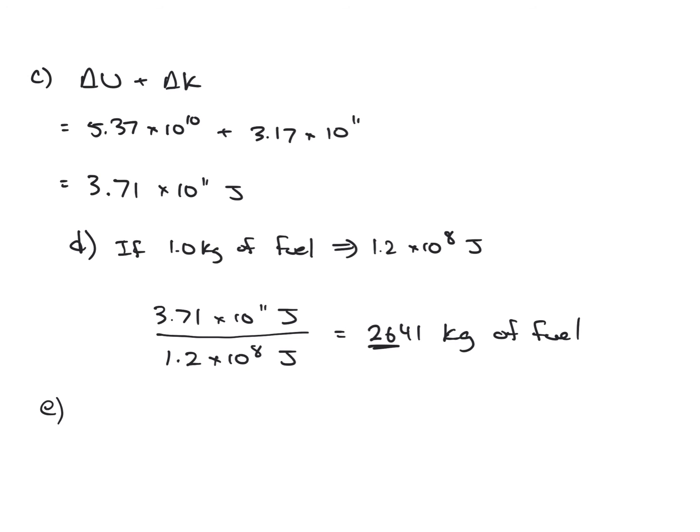And burning of fuel is not going to be 100% efficient anyway. 1 kilogram of fuel may contain that much energy, but we don't get 100% of that energy because we're not going to be 100% efficient. So lots and lots of reasons why we're actually going to need way more fuel than what we just calculated there. So fuel has its own weight.